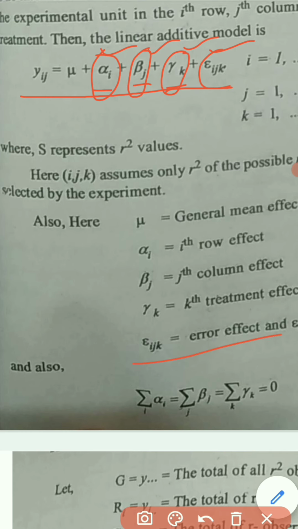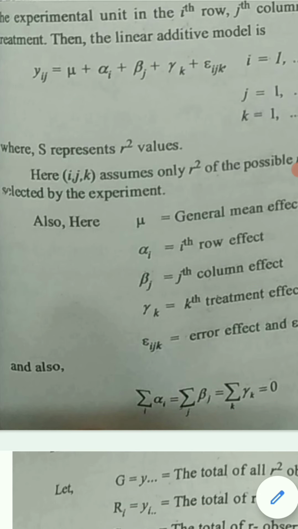And students, the summation of alpha i, summation of beta j, summation of gamma k will always be 0. And we define mu as the general mean, then ith row, jth column, kth treatment for alpha, beta, gamma, and epsilon ij I just now showed you.